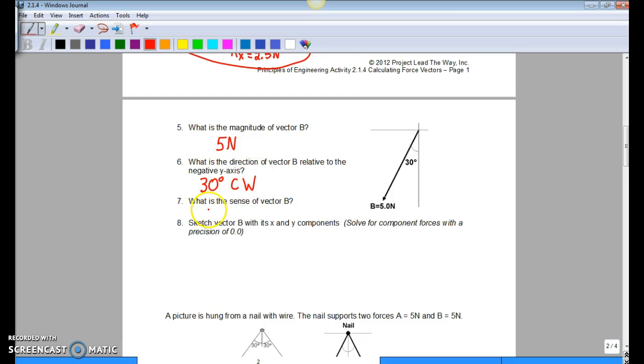And in this case, the sense is still down. This time it is down and to the right. Wow, or left. Down and to the left. Sorry about that. So, question 7, you're down and to the left of the negative y-axis.